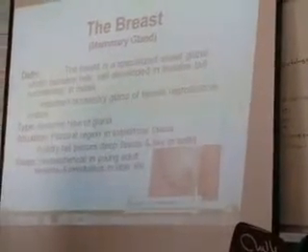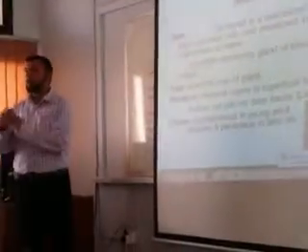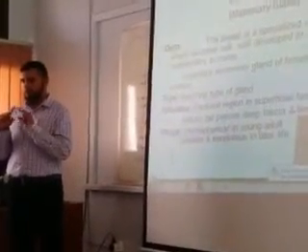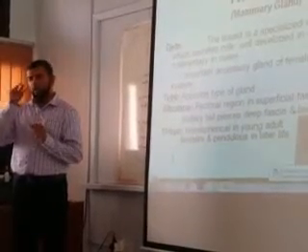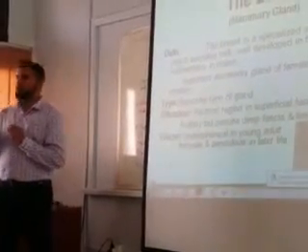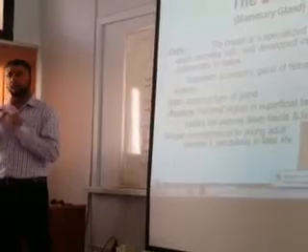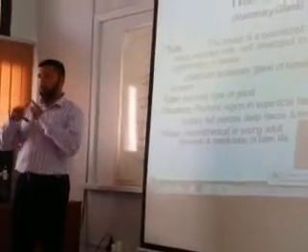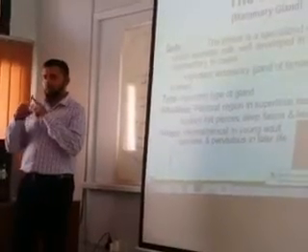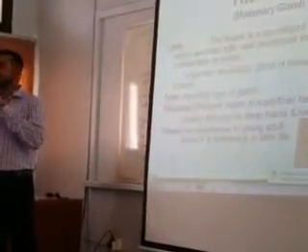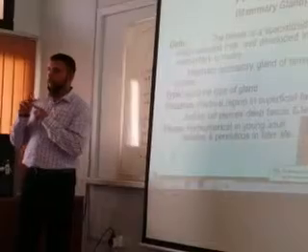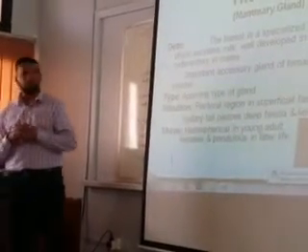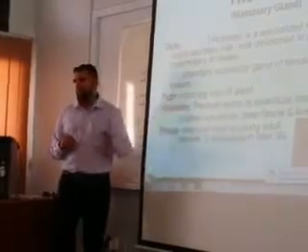Some cells will totally dissolve themselves and give a secretion. In some cells, the apex, which looks like a pyramid, the top part will be released as the secretion. A part of the cell, the most peak of that cell, will be cut, dissolve itself and get released as the secretion. That's why it is called apocrine, from the apex.